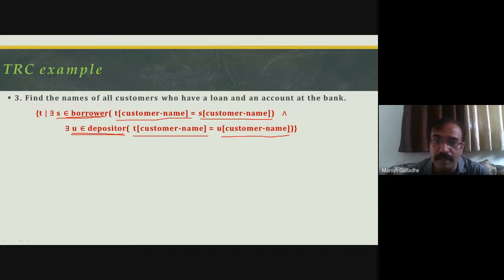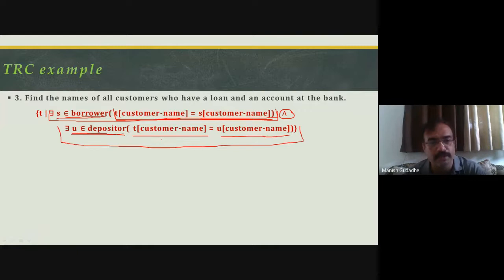These two expressions are connected with the symbol AND. That's why both should be correct, and if both are true, then only this expression is going to become true.